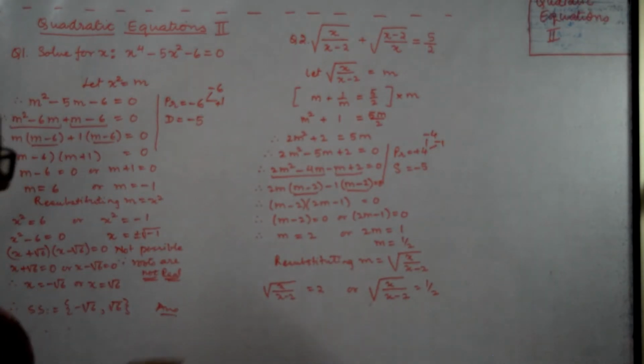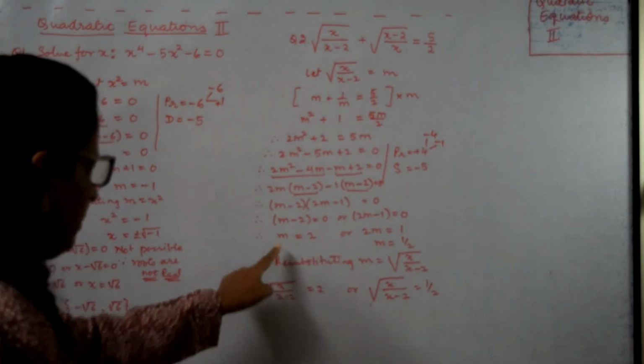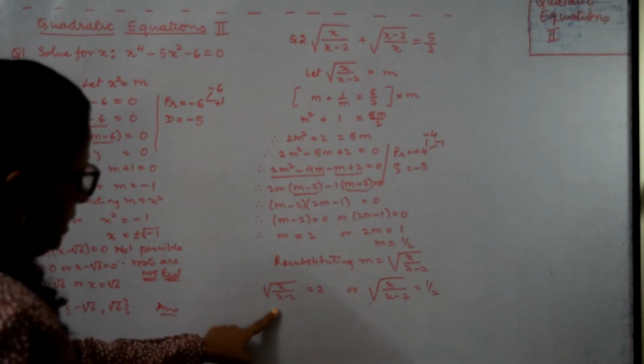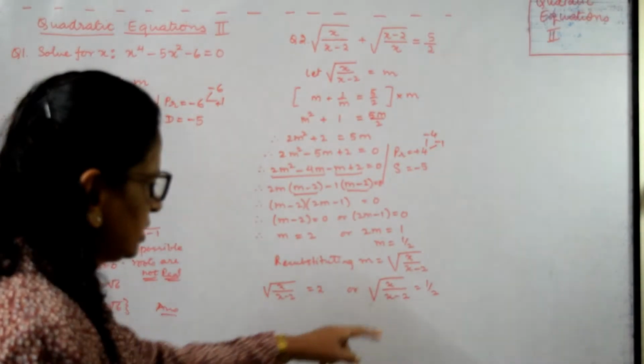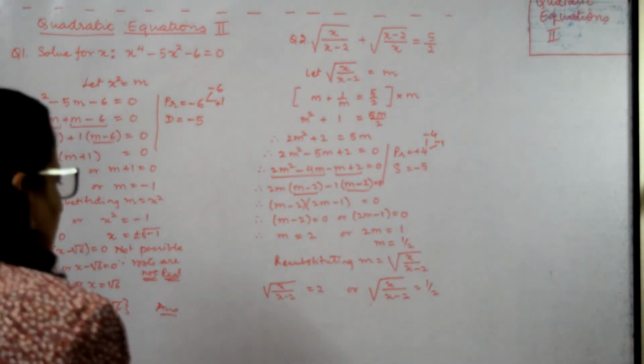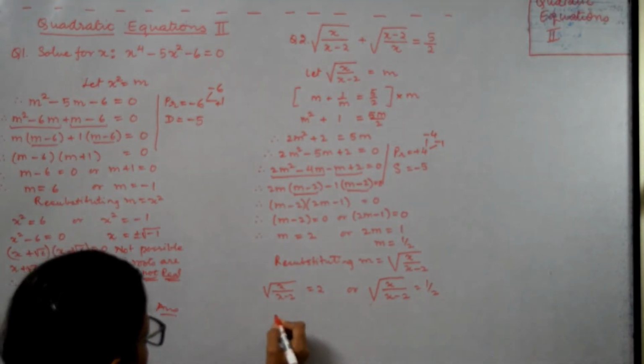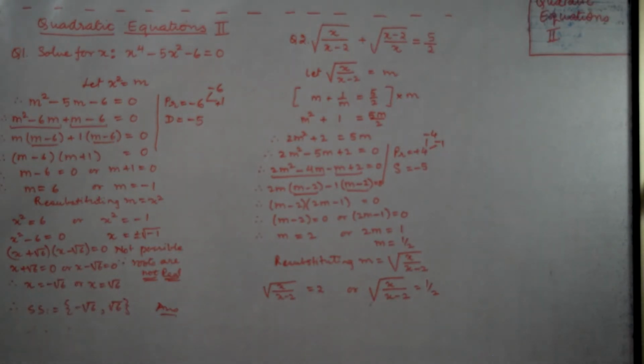So you will see that m equal to 2, m has been substituted here, and here m is equal to half, m has been substituted out here. And now that will give us, squaring both sides for each equation.